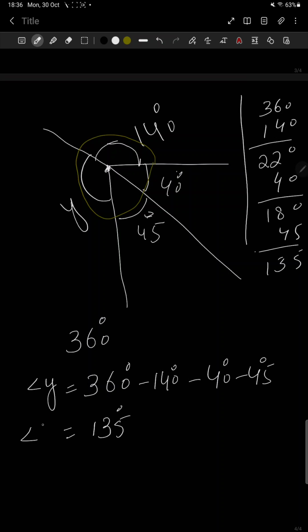So in this way angle Y will be equal to 135 degrees. So in this diagram we learned that if angles are at a point and make a circle, the total angle must be equal to 360 degrees. So from the 360 we will subtract all the given angles so that we can find the unknown angle in this circle.